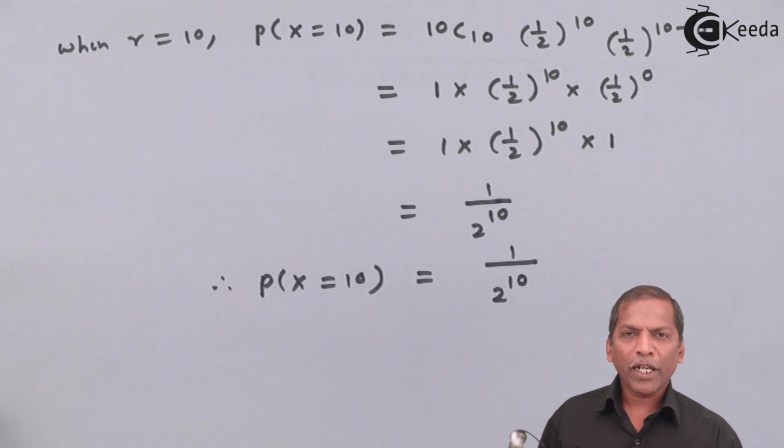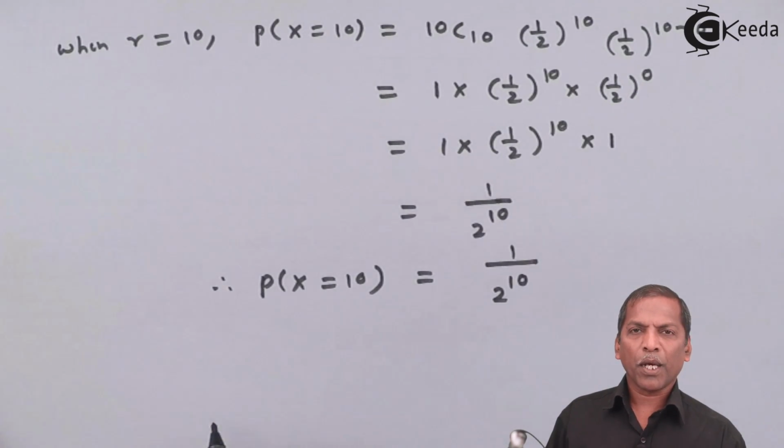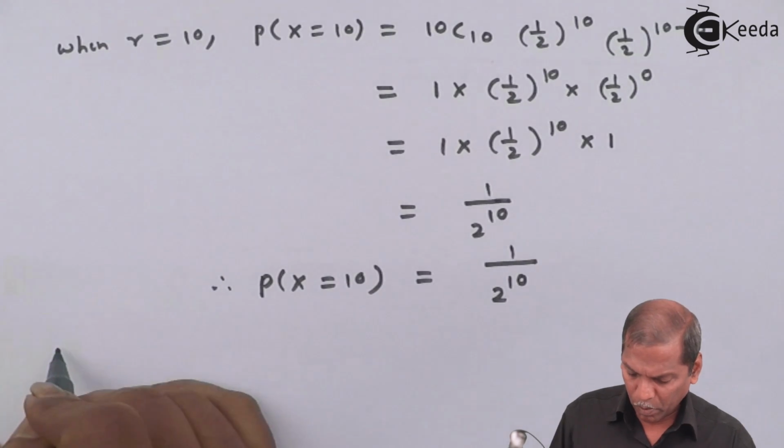Therefore the probability distribution of x is given by the following.